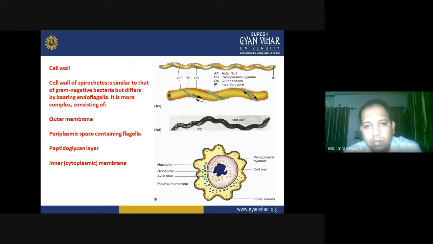These insertion pores are present on the two ends of the bacteria, and the twisting motion is performed by the bacteria because of this flagella. And in the other picture, you can see different parts like the protoplasmic cylinder, cell wall, outer sheath, nucleoid, ribosome, axial fibril, and plasma membrane.